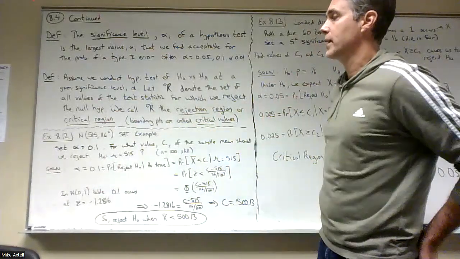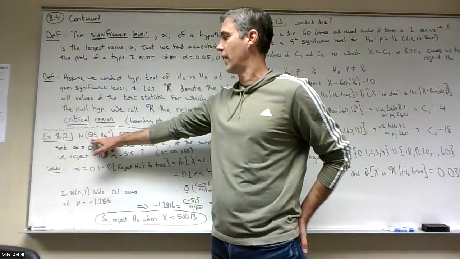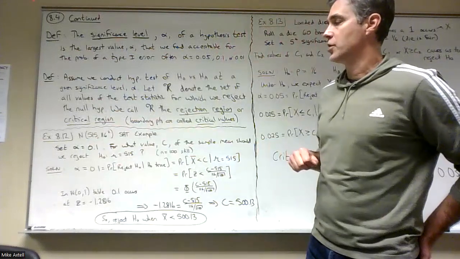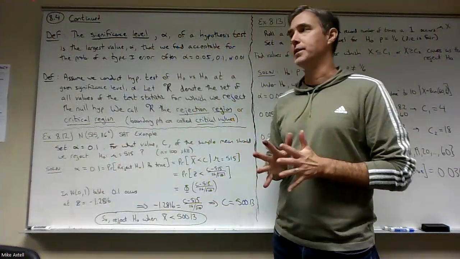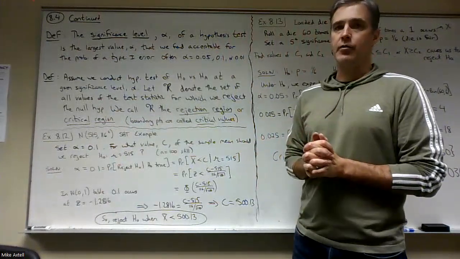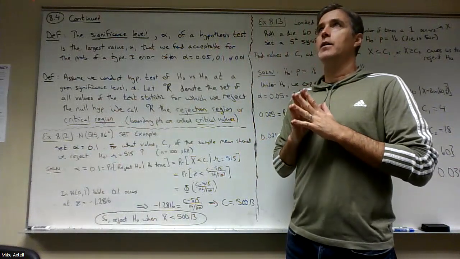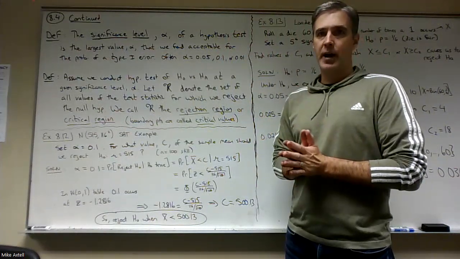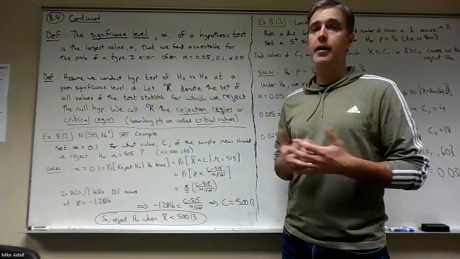All right, so let's go back to that SAT example, where if you remember, nationwide, the average SAT math score was 515 with a standard deviation of 116. And let's say the school district sets a 10% significance level. So the school district is okay rejecting the null hypothesis that their students are on average about the same as the nation.